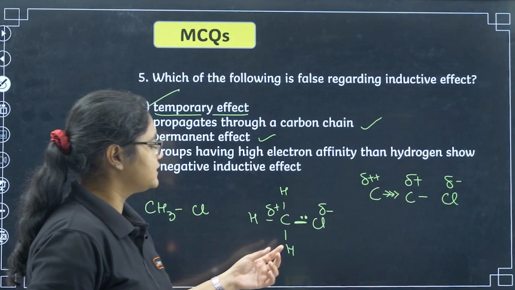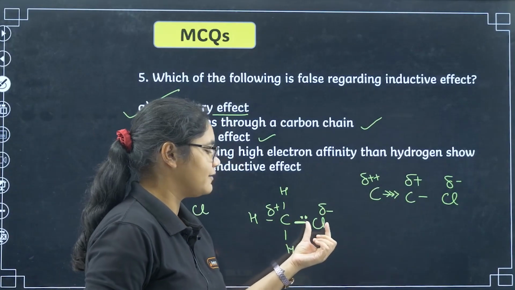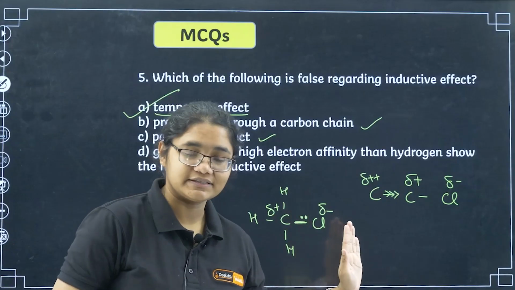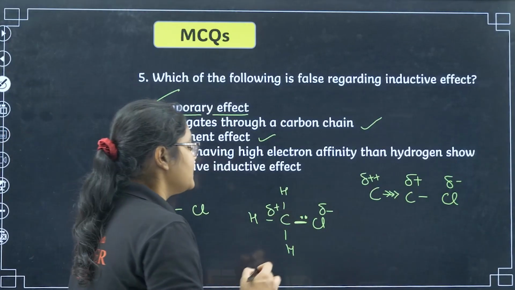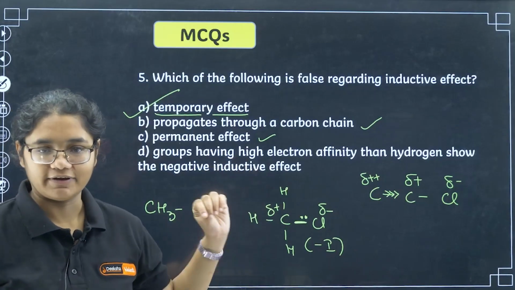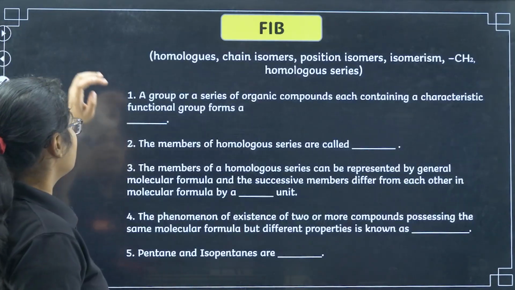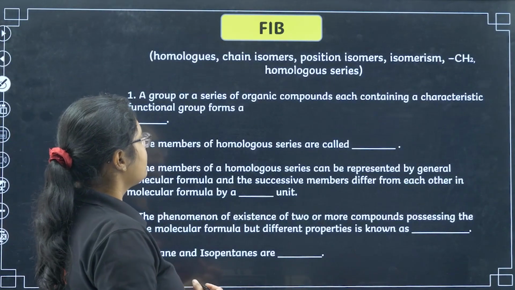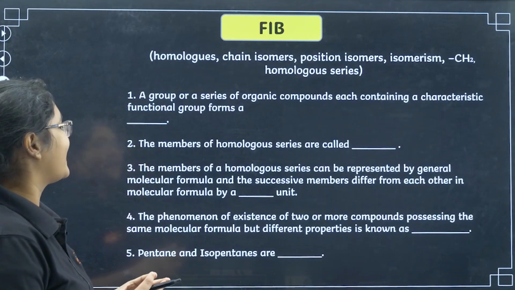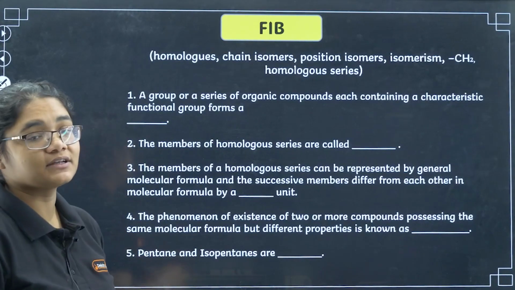Yes, those having electron affinity higher than hydrogen will pull the electrons towards themselves, and that is called the minus I effect, the negative inductive effect. Moving to the fill in the blanks question: a series of organic compounds, each containing a characteristic functional group, forms a dash.